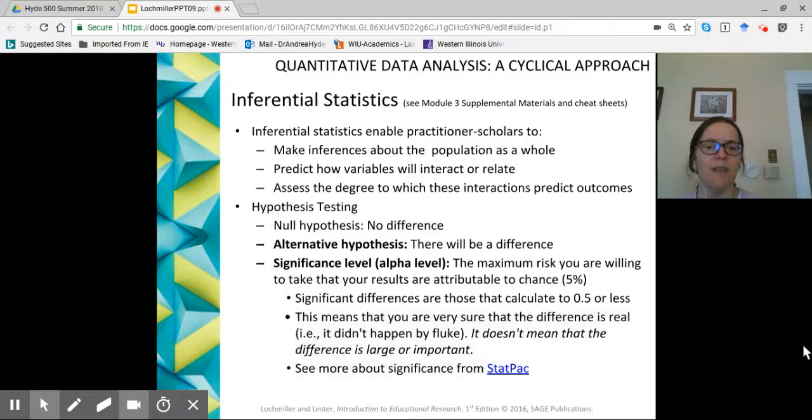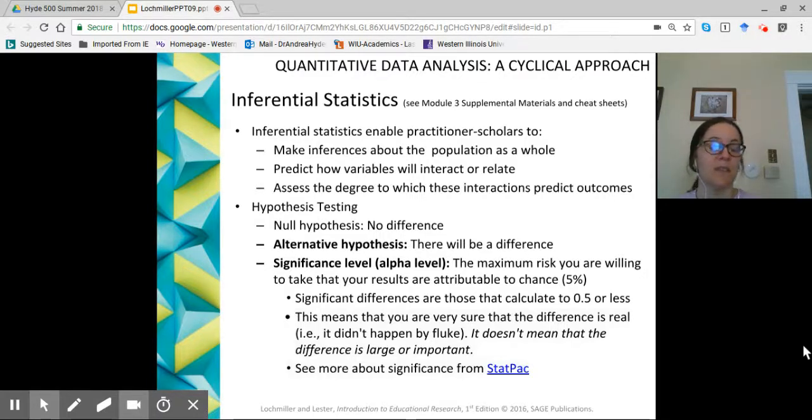So when we talk about a hypothesis, whether we're going to support no relationship or whether we find that, yes, in fact, there is a relationship there, we always want to talk about how sure are we that there is a relationship? How sure are we that these associations aren't by chance? And what's considered acceptable is about 5% chance.